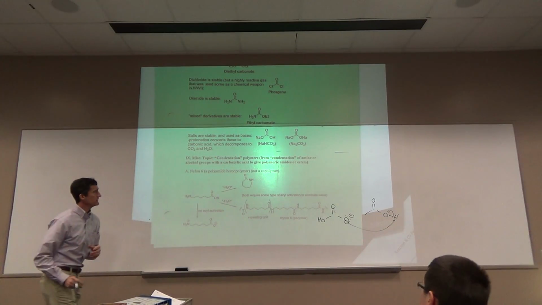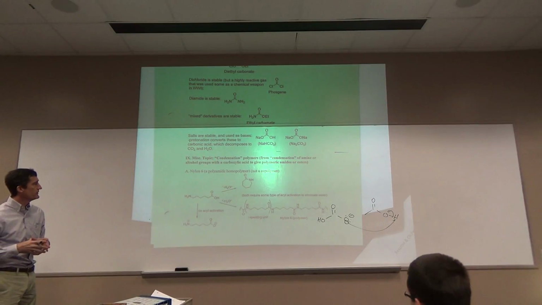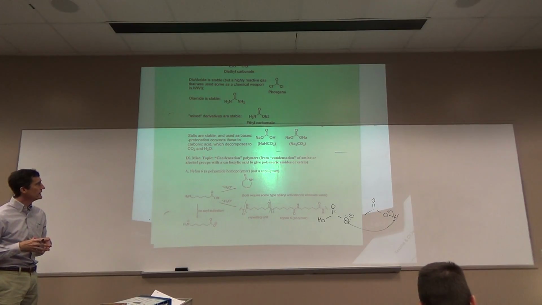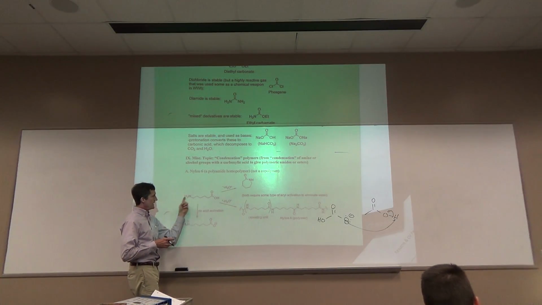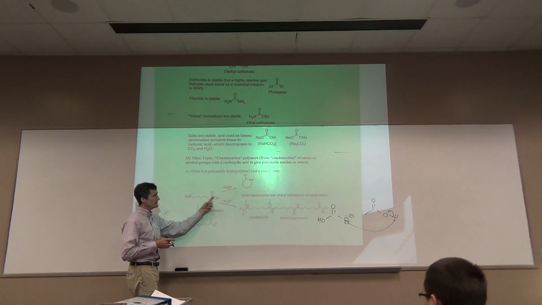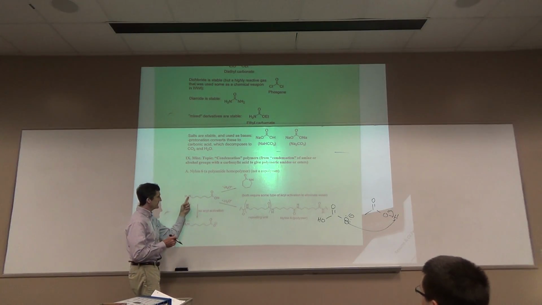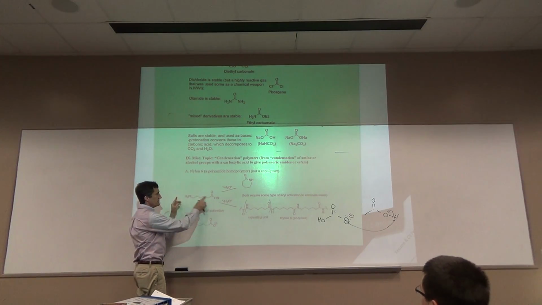Next thing, let's take a look at a very important miscellaneous topic, condensation polymers. Okay, this is the hydrolysis product of caprolactam. It's an amino acid with the amine way out here.